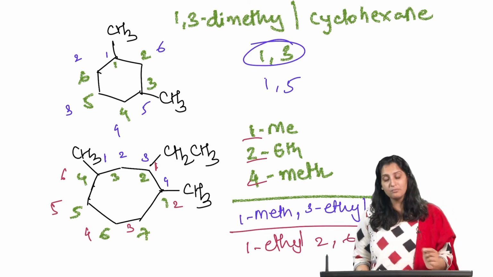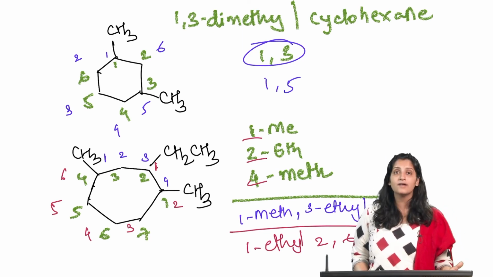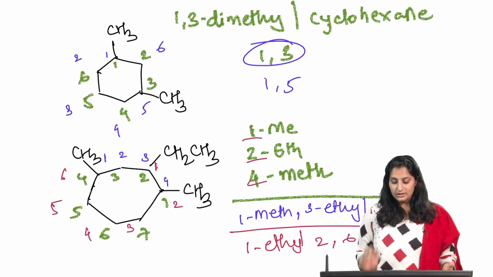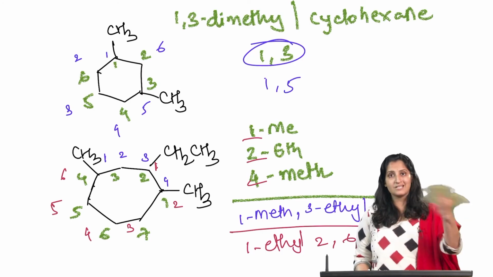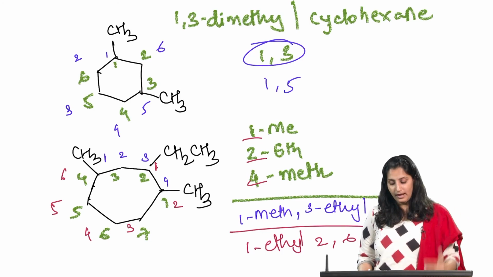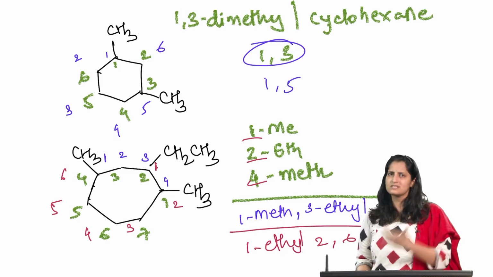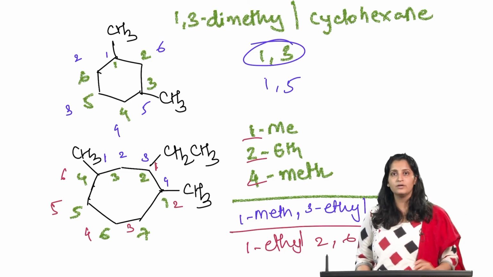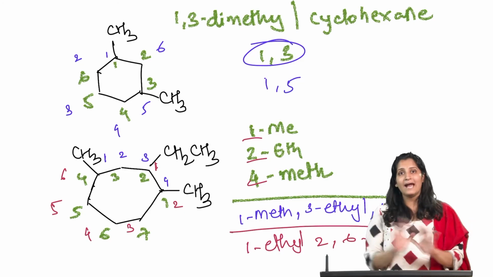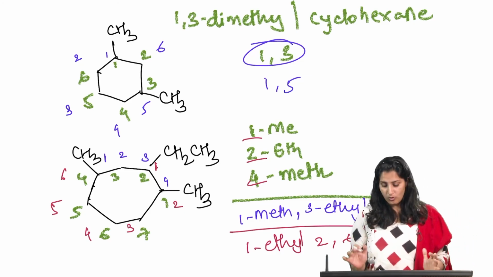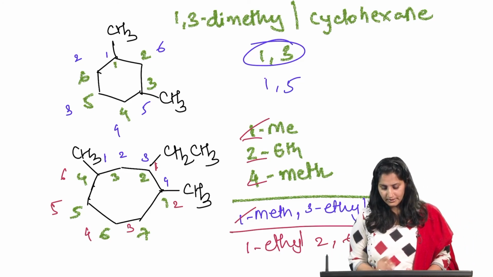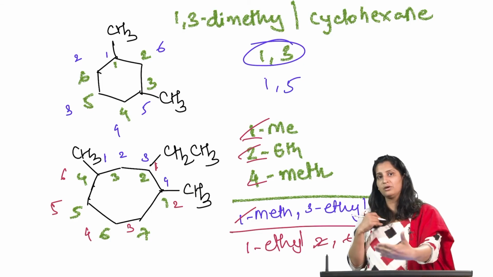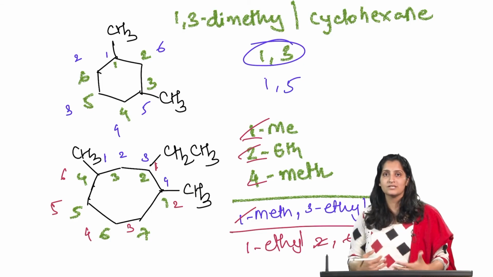So, if you look at all these numbers, what we can see is the 1, 2 and 4 is only possible when we number it such that we have done it in the green way. The other two give me 1, 3 and 4 which is higher than 1, 2 and 4, and another one gives me 1, 2 and 6 which is also higher than 1, 2 and 4. Remember, I am not adding them up or anything, I just go 1, 1, 2, 2, but when I see between 4 and 6, then 4 wins over 6.